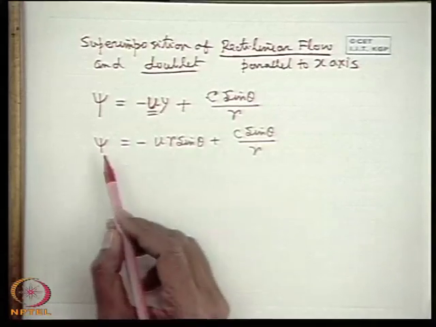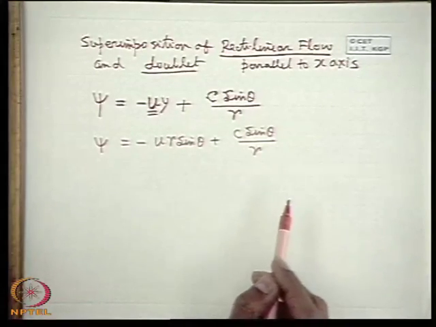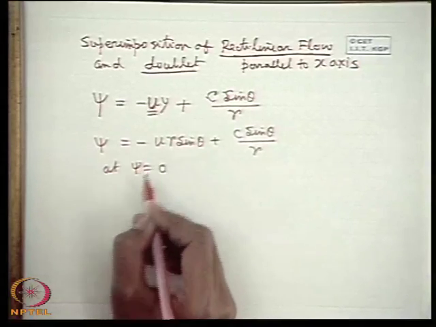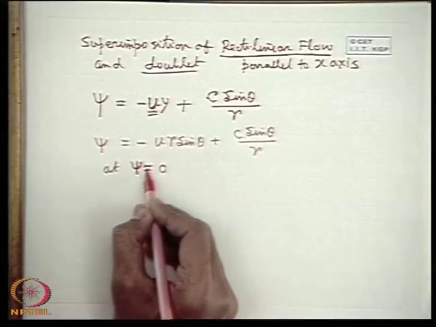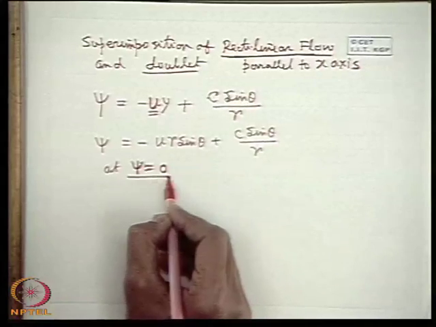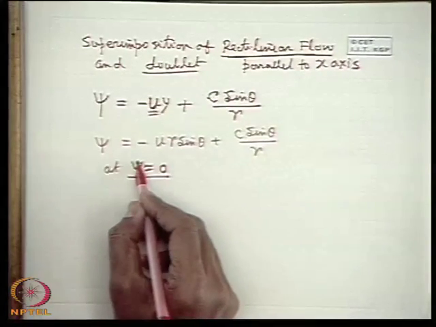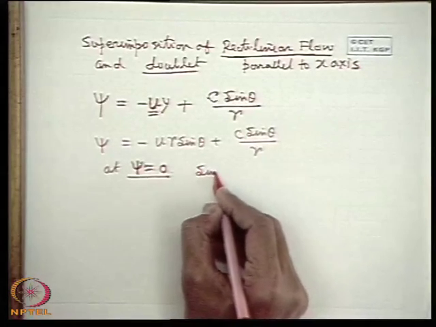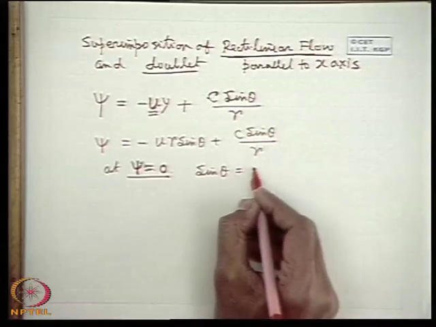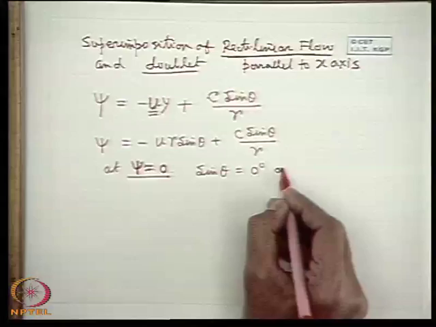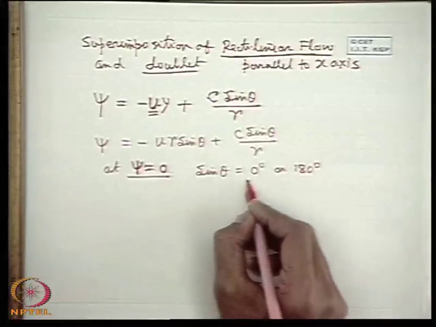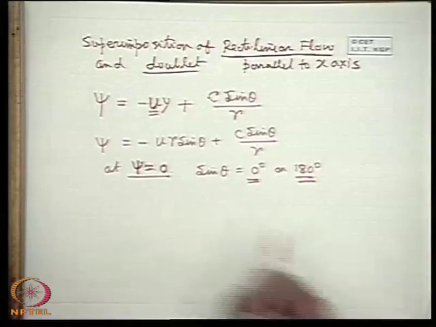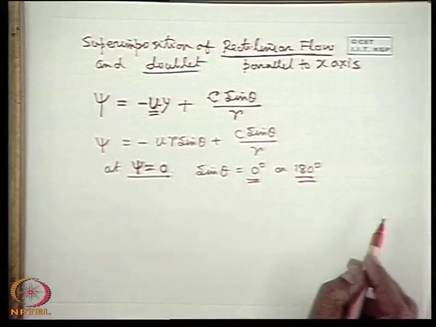Now you see that in this type of stream function we get something interesting: at psi equal to 0, that means if we consider one value of the stream function arbitrarily to be 0, along a streamline where psi is equal to 0, we conclude that sin theta is either 0 degree or 180 degree. If sin theta is equal to 0 or 180, the value of the stream function is 0.